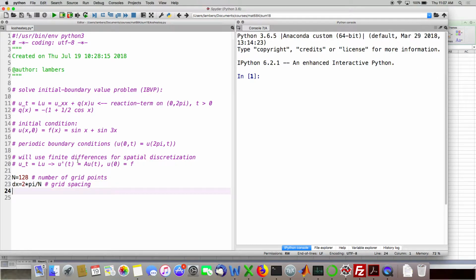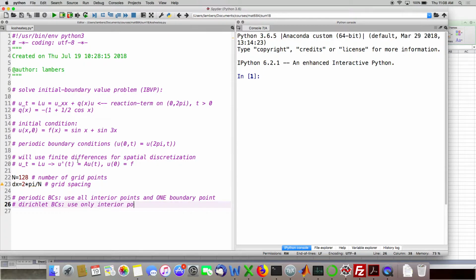Keep in mind for periodic boundary conditions, use all interior points and one boundary point, one or the other. I've seen it used where we include the left boundary point as unknown, but not the right, or vice versa, just not both. By contrast, Dirichlet boundary conditions, where you specify the solution on the boundary, use only interior points.